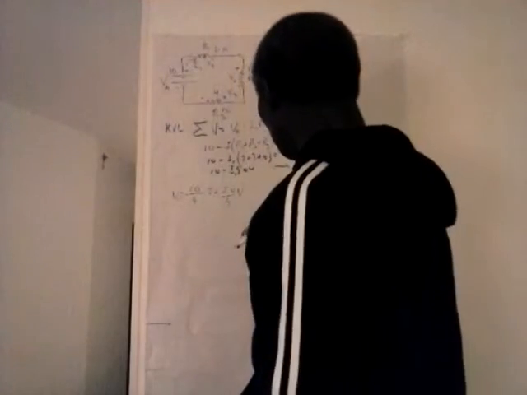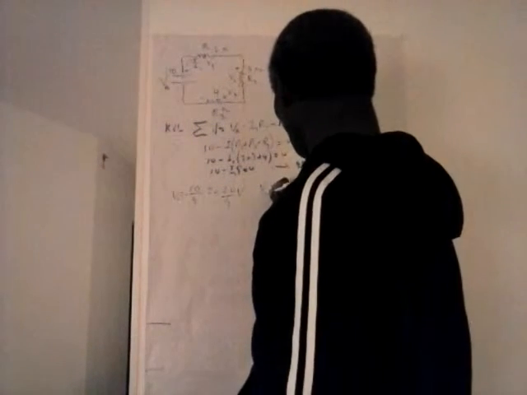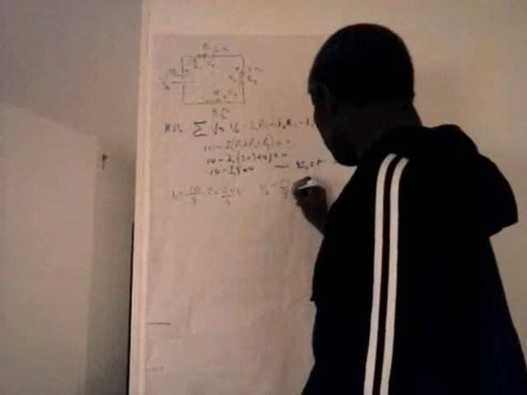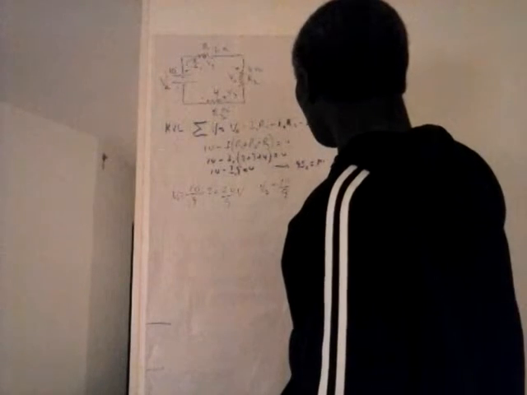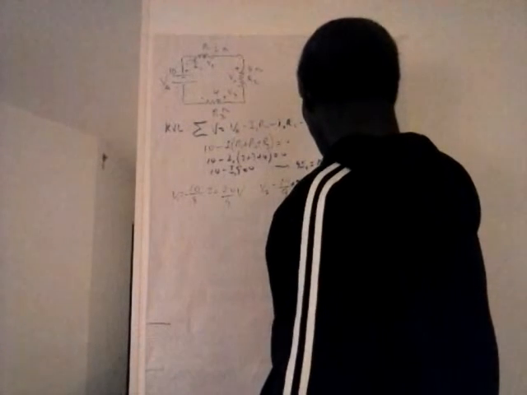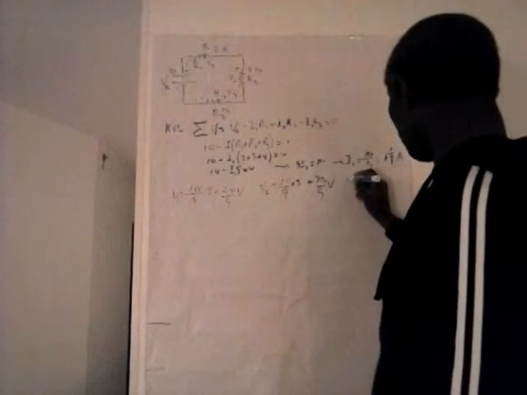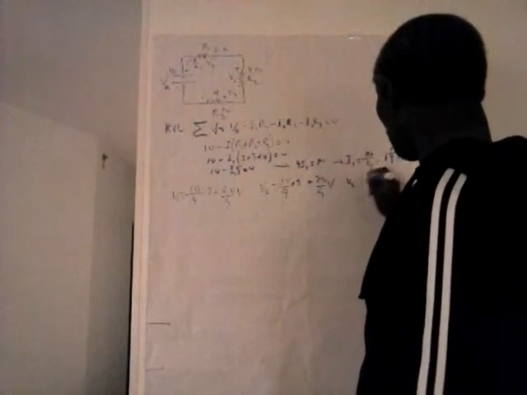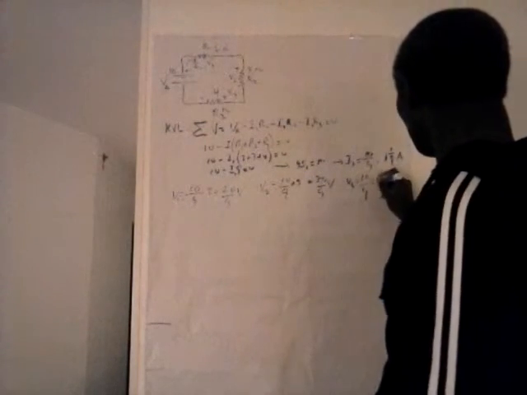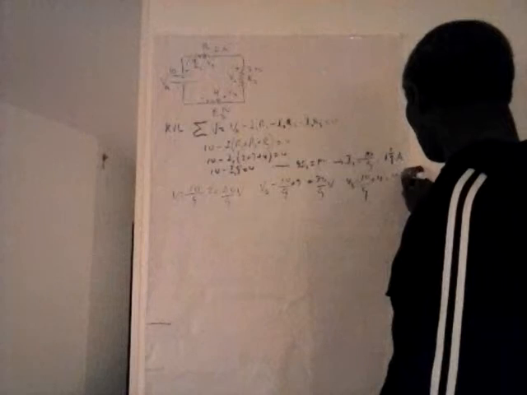Likewise, V2, the voltage drop across R2, would be equal to the same I1, which is 10 over 9, times R2, which is 3. That would be equal to 30 over 9 volts. And now V3 will be equal to I1, 10 over 9, multiplied by the resistance, which will be equal to 40 over 9.